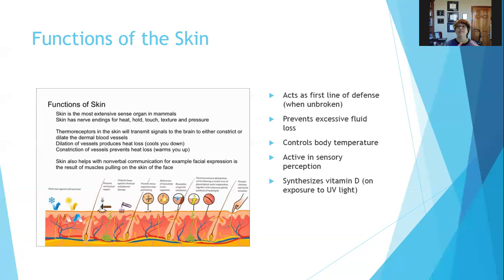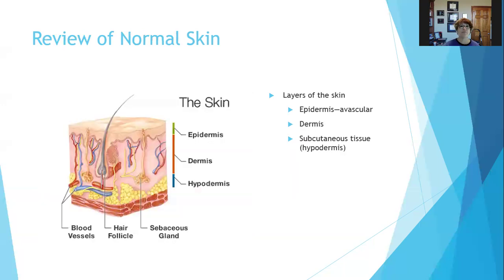The skin also prevents excessive fluid loss, helps to control body temperature through sweating and just radiation of heat from the surface of the body. The skin's active in sensory perception, so how we're perceiving sensory information from the outside world, and it synthesizes vitamin D on exposure to UV light. So that's pretty handy. We'll talk more about that.